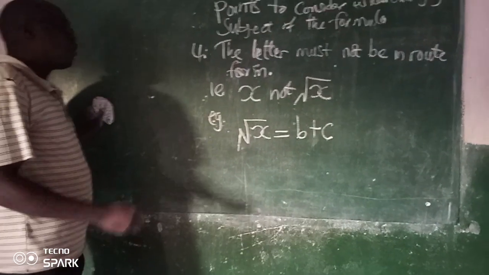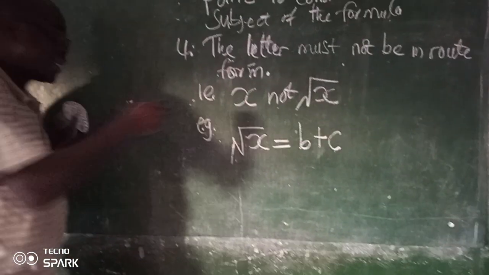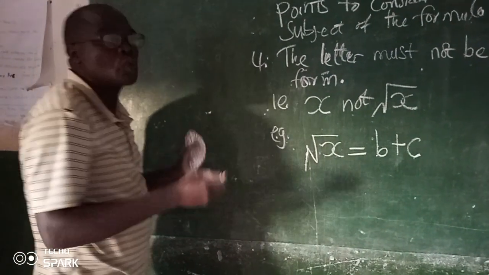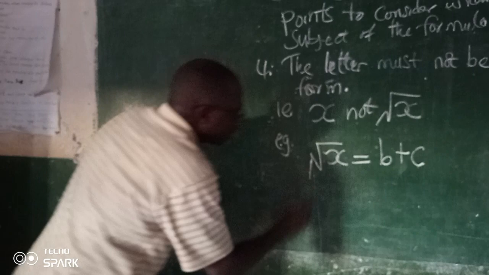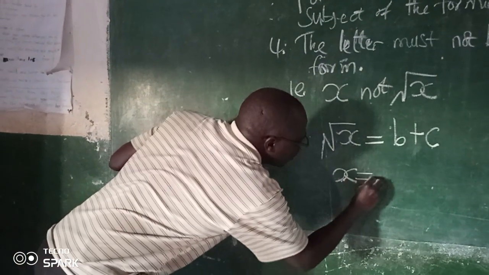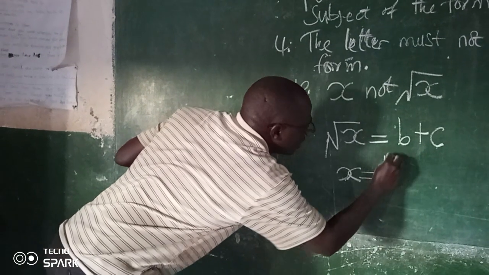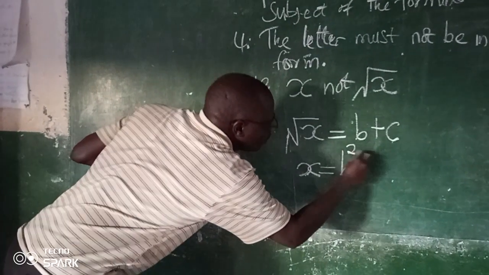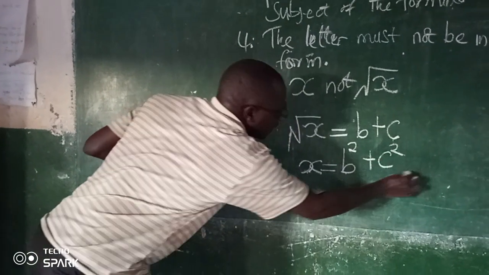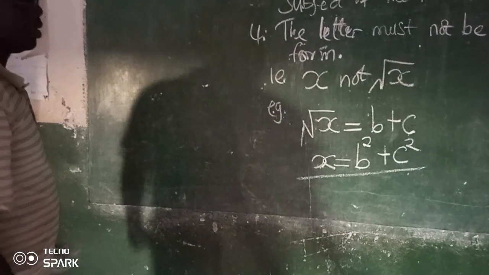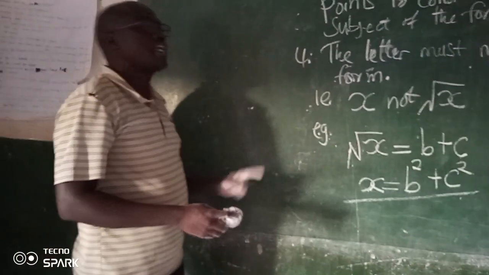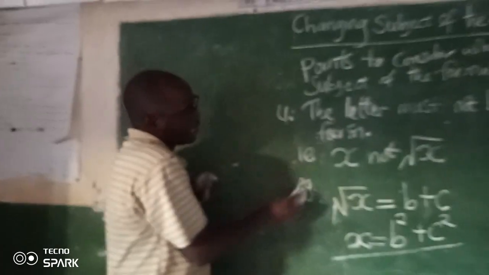What we are going to do is to bring everything outside this root to power 2. So it will be X is equal to B to the power 2 plus C to the power 2. This is your answer. Thank you for listening. Keep in touch, please, for more examples.